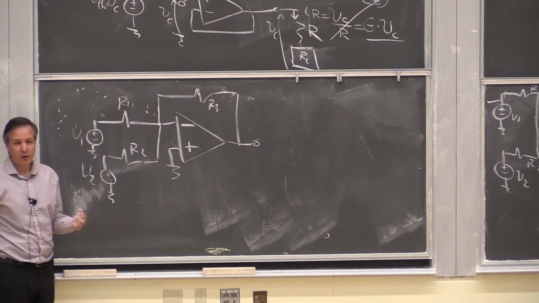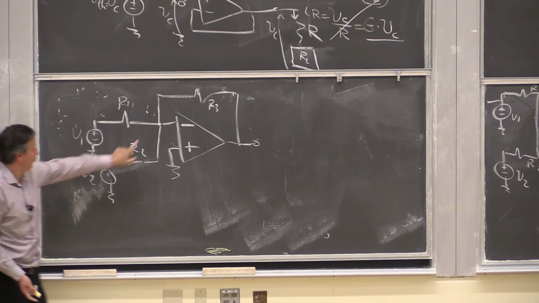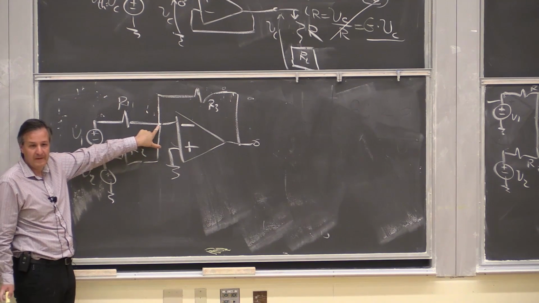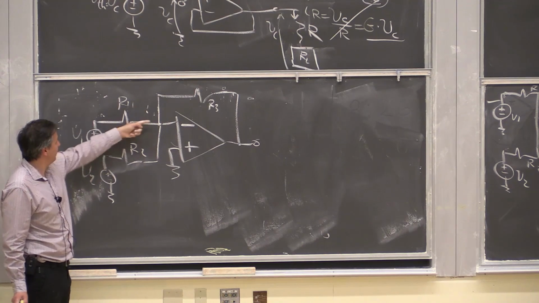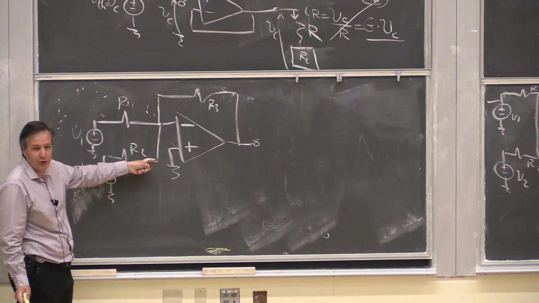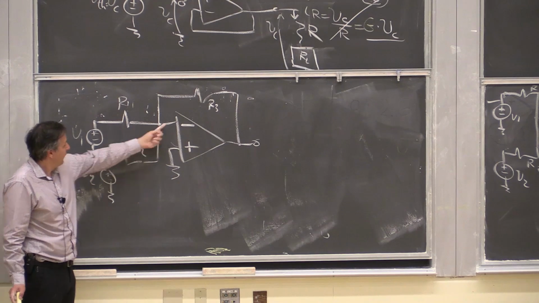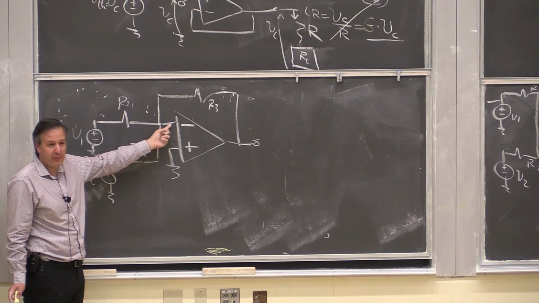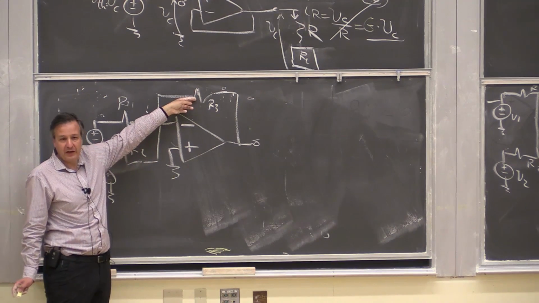Here, we do it by summing the currents. So this node is 0. This current is V1 over R1. This current is V2 over R2. None of that goes into the op-amp, and both go through R3.